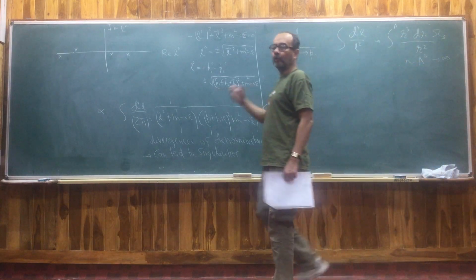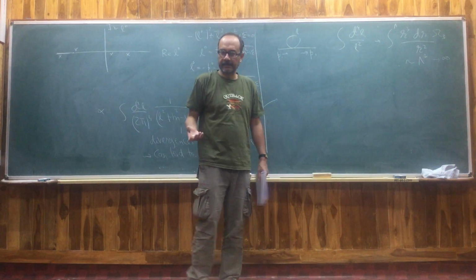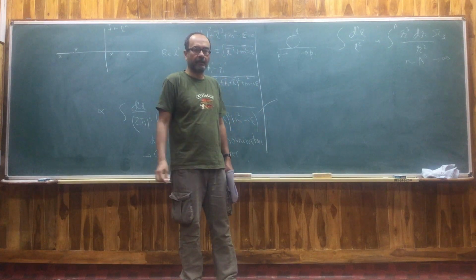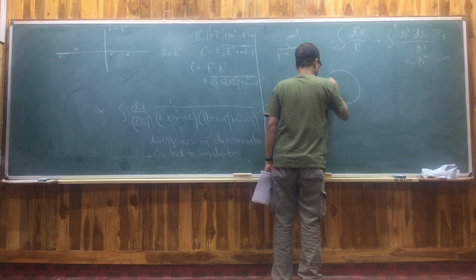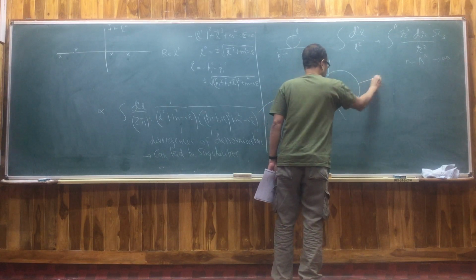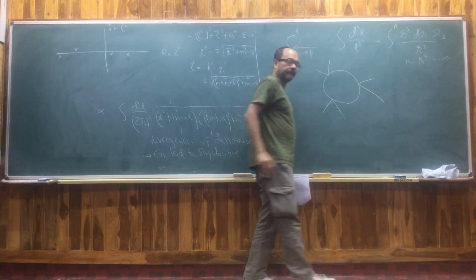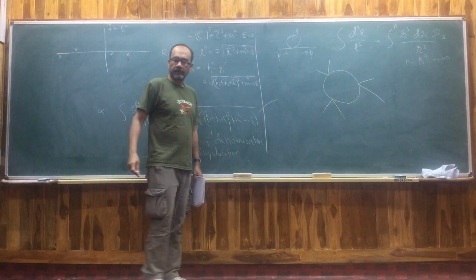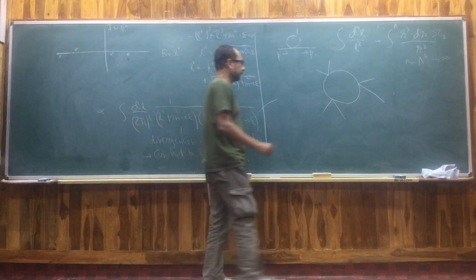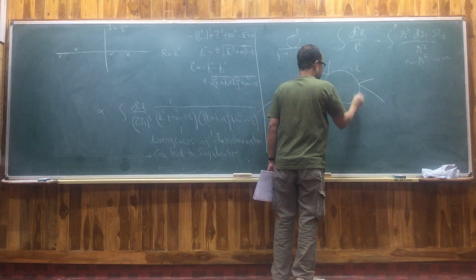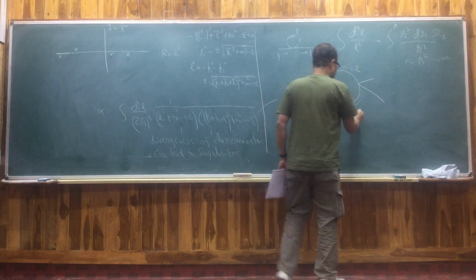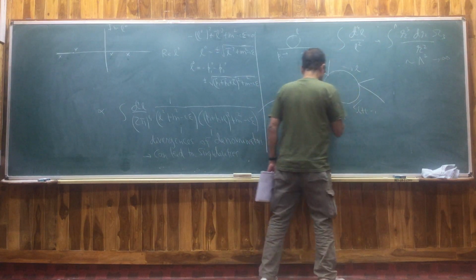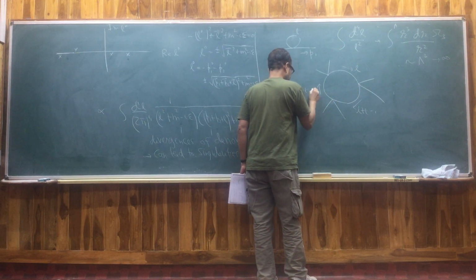But not all loop diagrams are divergent. Okay, one can write down examples of loop diagrams which are convergent, and here is one of them. You take again phi to the 4th theory. Okay, if you have a diagram like this, suppose this is L, this will be L plus something, and this will be L plus something, right?